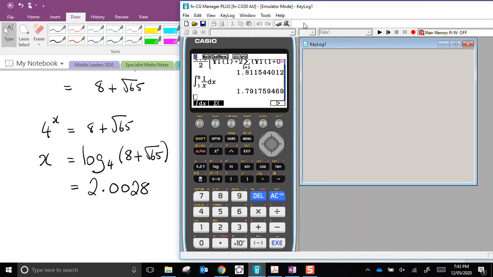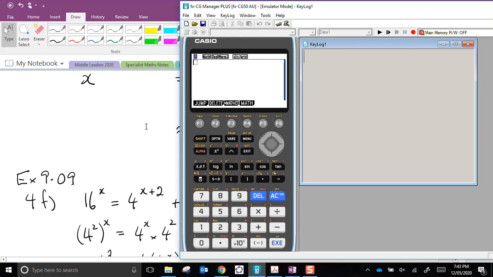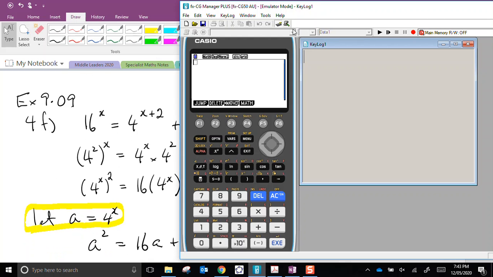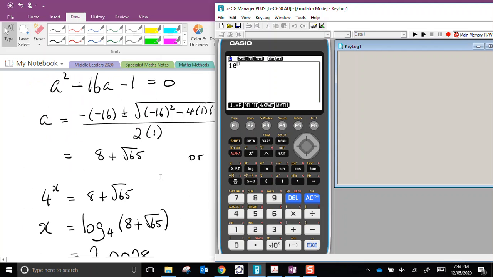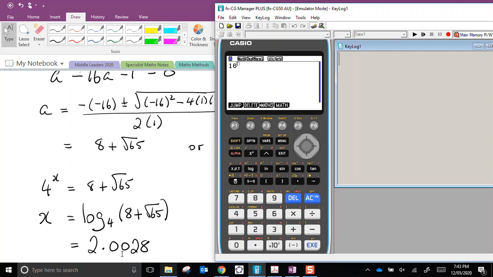Well, the first thing I'd want to do is clear off all the rest of this stuff that's sitting on my calculator. That's better. And I would want to go back here to my original question. There it is. So let's start typing. We have 16 to the power of, now what did we think our answer was? 2.0028.